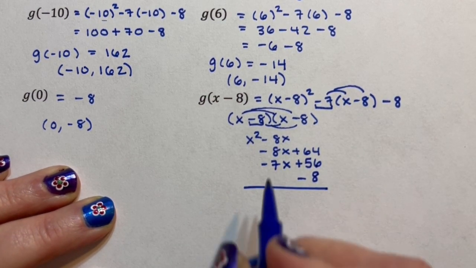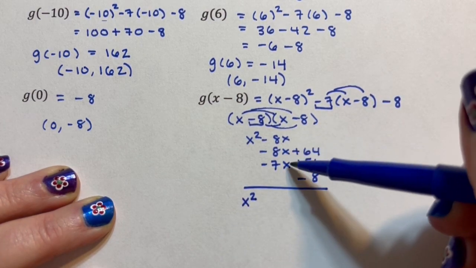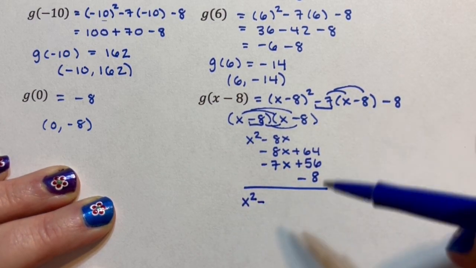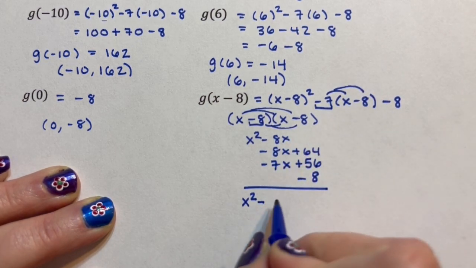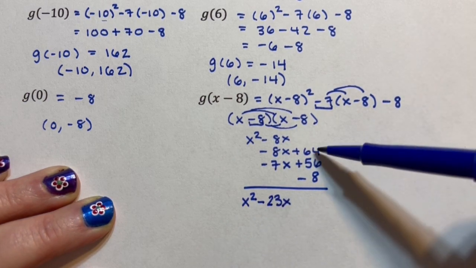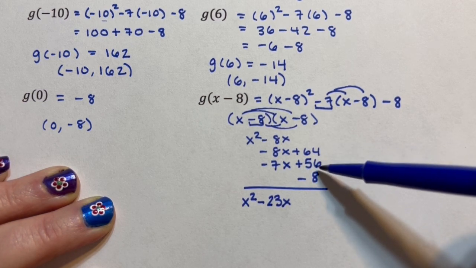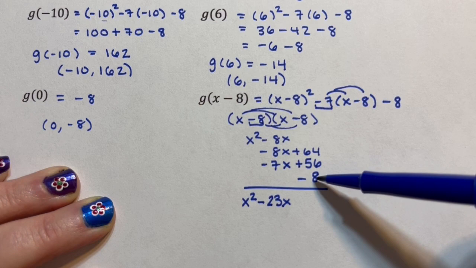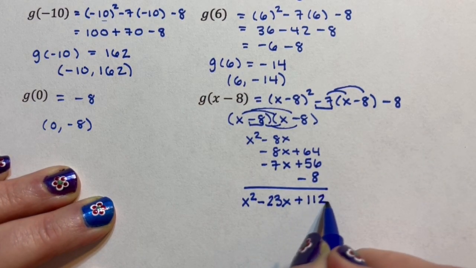Now I'm going to add down. x squared. All three of these x terms are negative, so I just have to add them. 8 plus 8 is 16. 16 plus 7 is 23. All right. 64 plus 56, let's see, 60 plus 50 is 110, and another 10 is 120. 120 minus 8 is 112.